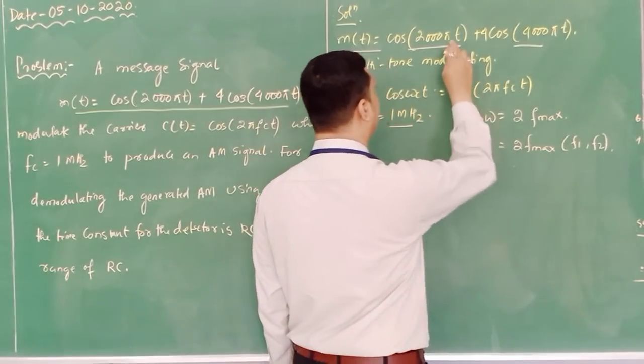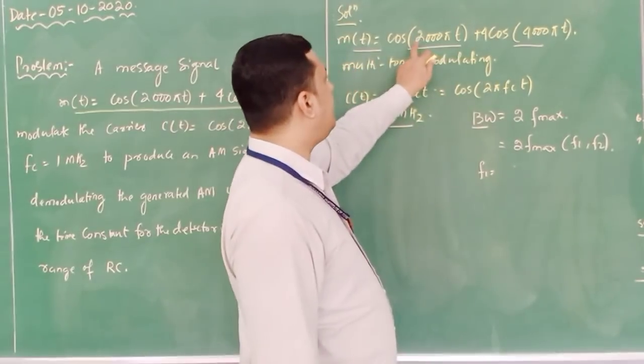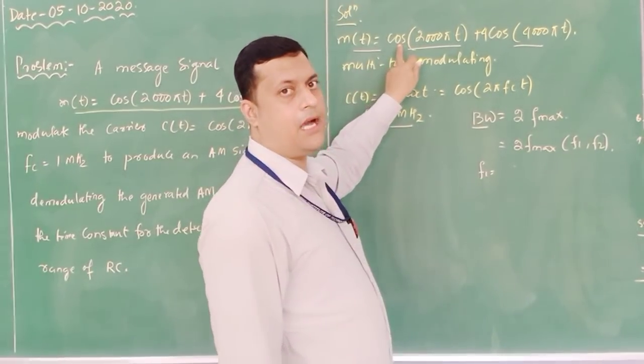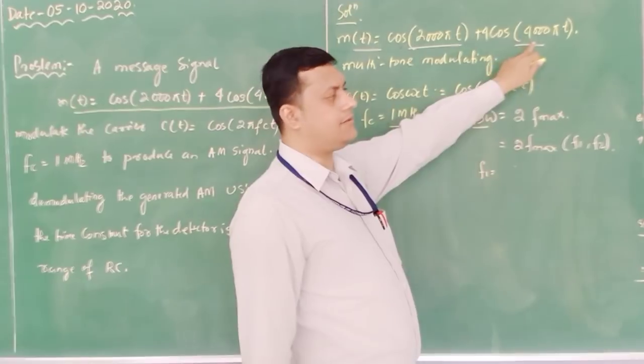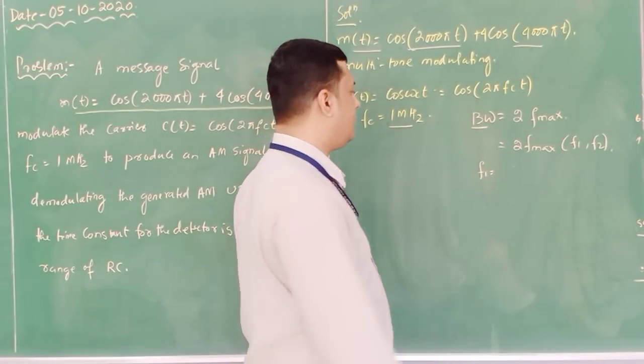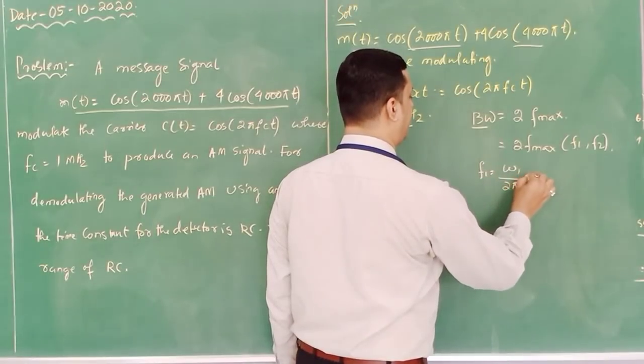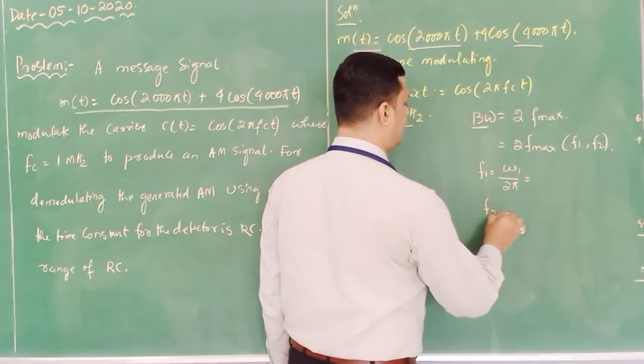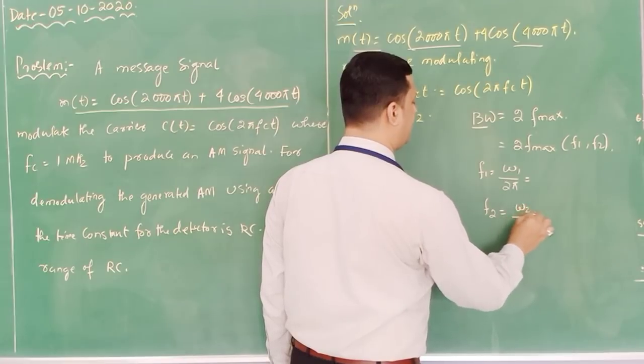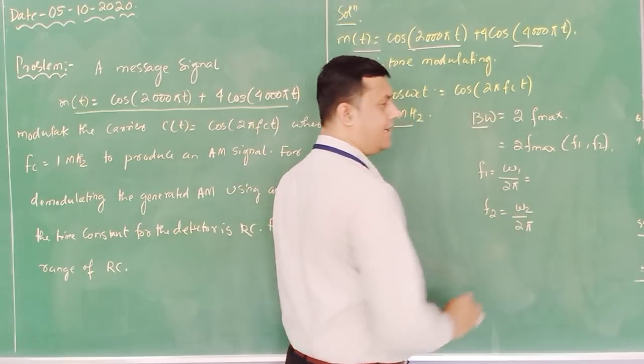So f1 is equal to how much? Here it is cos omega 1t and this is cos omega 2t. So f1 is equal to omega 1 divided by 2 pi and f2 is equal to omega 2 divided by 2 pi. So this is the relation.